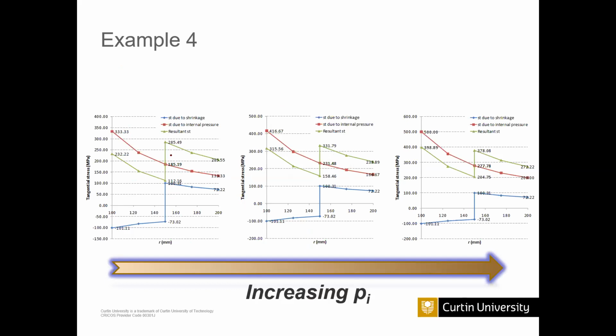Then when we change the internal pressure PI value, you can see definitely if we increase the internal pressure, this will go up. Even though it's the same level, where this value changes, the scale is different. Due to the internal pressure, the tangential stress goes up, but the contact pressure is not going to change, because only PI is changed.